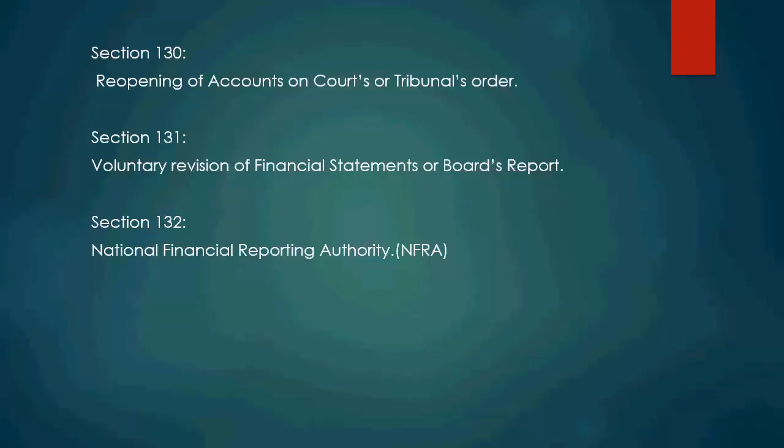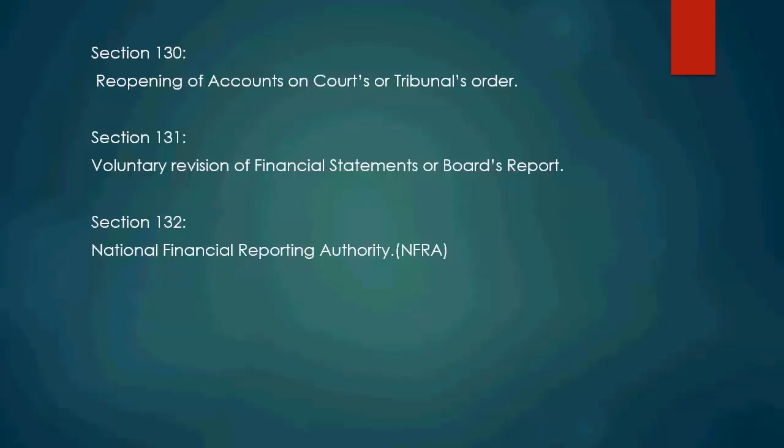So with the establishment of NFRA, the Companies Act has widened the power of the authority. Now it can recommend, enforce as well as monitor the compliance of auditing as well as accounting standards. Right? So this is the extension of the power. This NFRA is actually an extension of NACAS. It's only a difference of nomenclature and some add-on powers to the body.